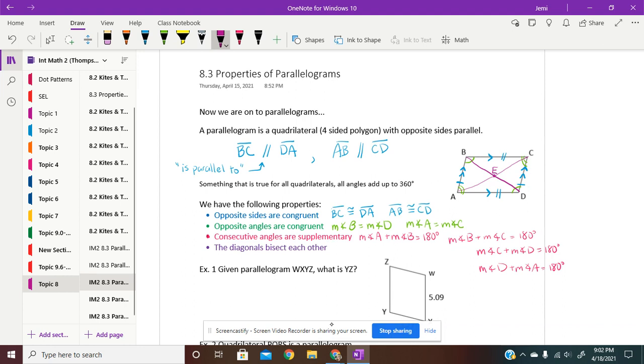Now, if two lines bisect each other, that means they each get cut in half. So looking at this line BD, if it's bisected, then that means that BE is the same length as DE.